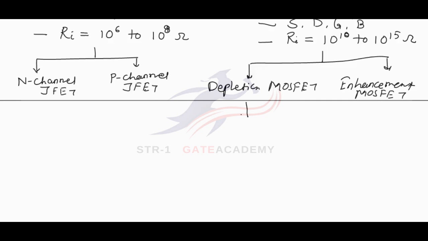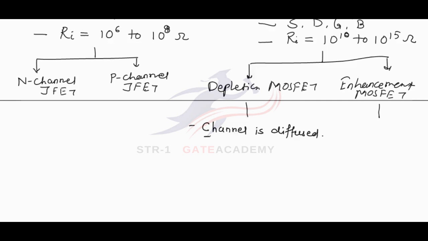The depletion type MOSFET and enhancement type MOSFET have a basic difference between them, which is the channel through which charge carriers will flow. This channel is diffused during fabrication in depletion type MOSFET.